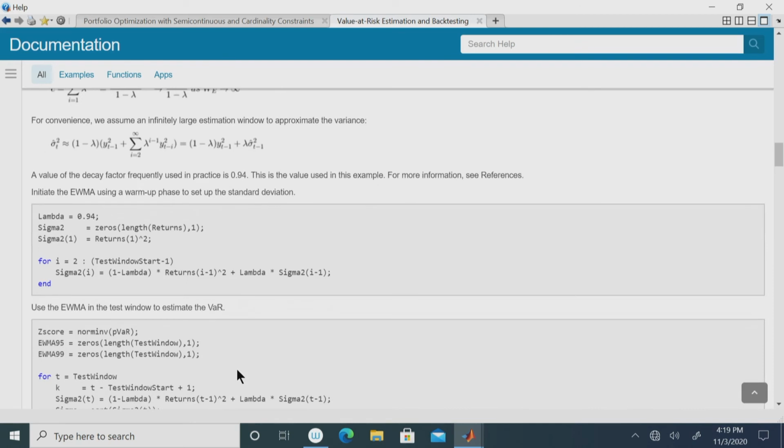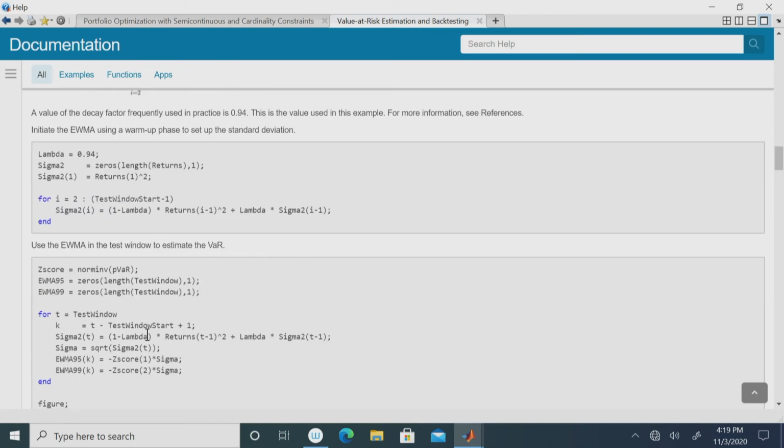Now, how do we make use of the EWMA in order to estimate the VaR? As before, the z score is going to be given by the inverse of p VaR. Remember, the p VaR was either 0.05 or 0.01. We will now calculate the sigma using the EWMA approach and assign the value of sigma.